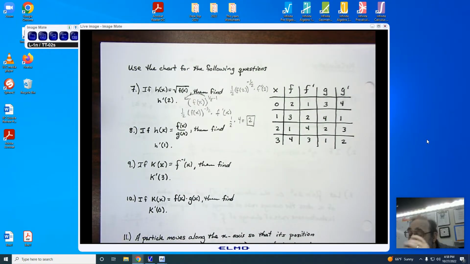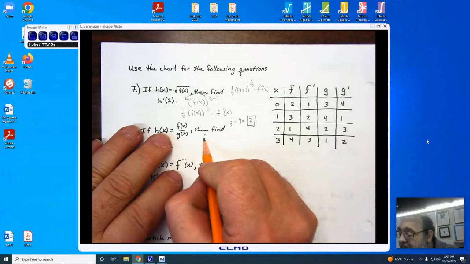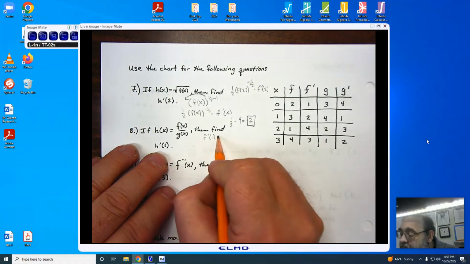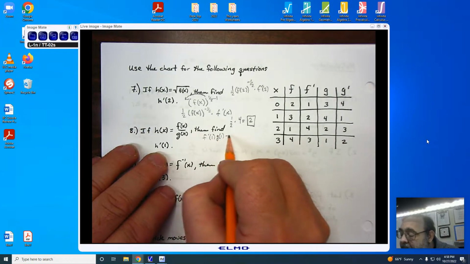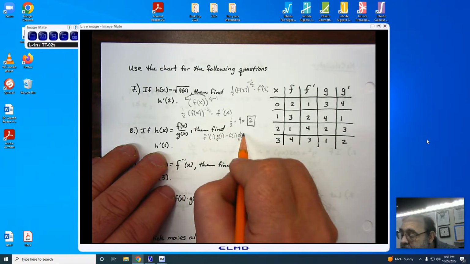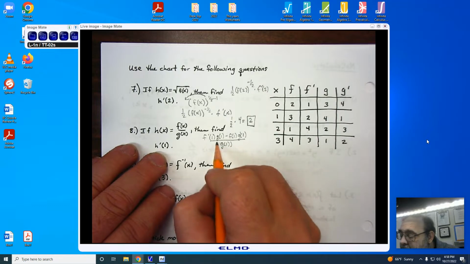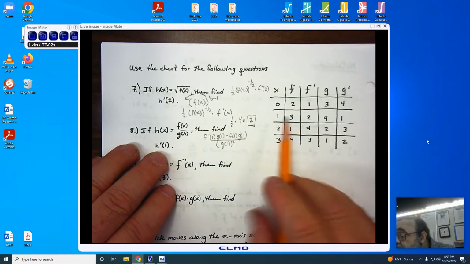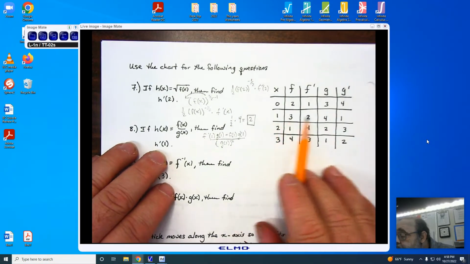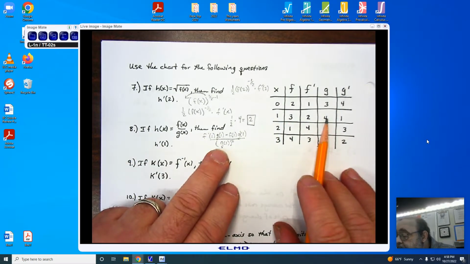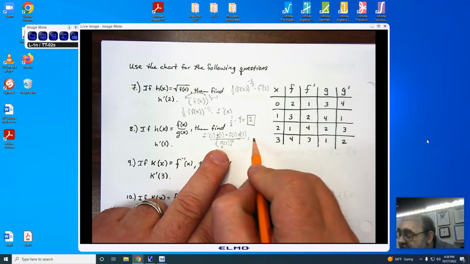Number 8. This is the quotient rule. F prime of 1, g of 1, minus f of 1, g prime of 1, divided by g of 1, the quantity squared. So we're now going to find g of 1. So we find 1. We go to g, and that's 4. That's going to give me a 16 in the denominator.